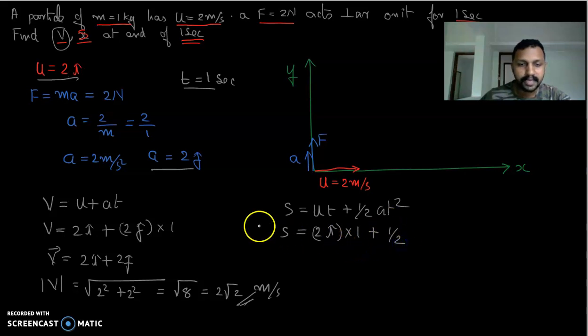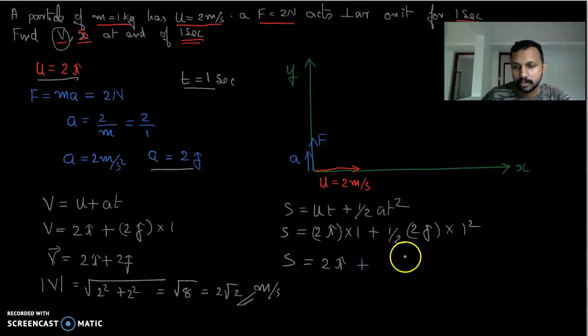What's a? a is 2j cap into t square, which is 1 square. Therefore, we get S is equal to 2 i cap plus 2 into 1 by 2, which gives 1, so ultimately j cap. Therefore, the displacement in its vector form is 2i cap plus j cap.